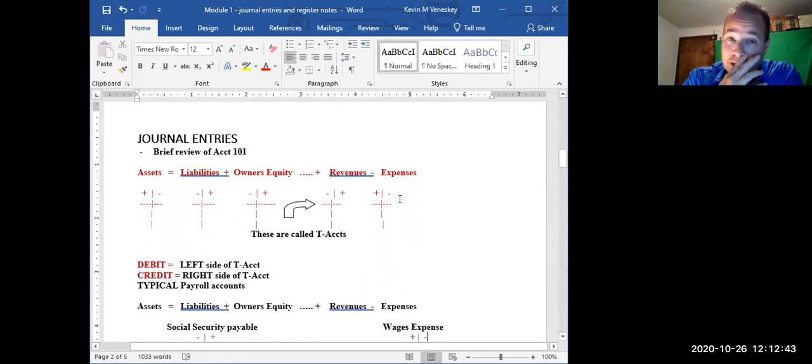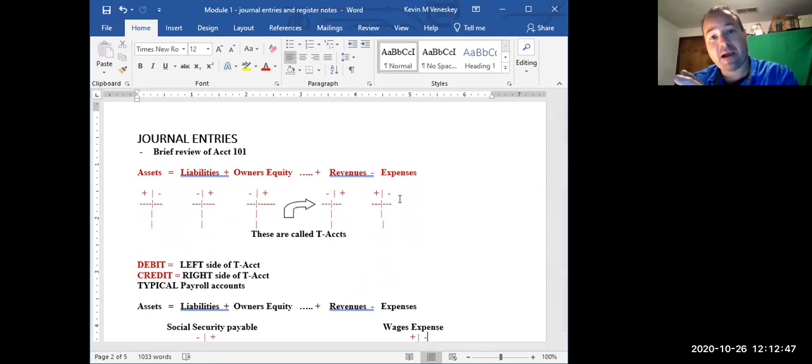When we talk about payroll, it's one thing to calculate how much to actually pay the employee. And we're going to do that in our second video. We're going to create a payroll register in Excel, a template. And then you're going to be able to use that template from here on out throughout the rest of the class. We're going to use that every single week.